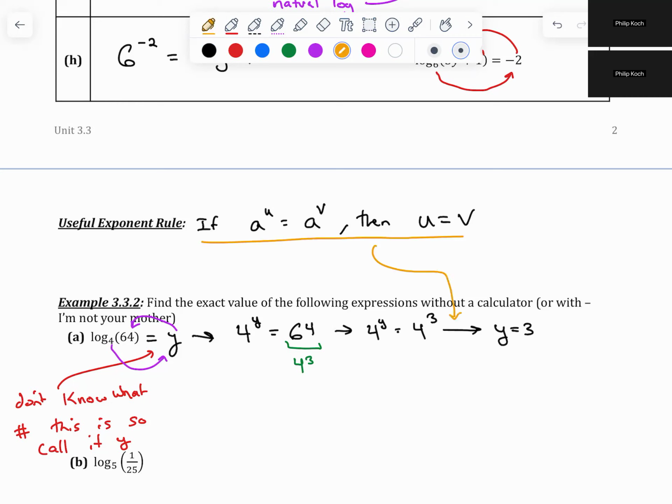From the above statement, if you have a to the u equals a to the v, in this case 4 to the y equals 4 to the 3, then the exponents are equal to each other. So y is equal to 3, and that is log base 4 of 64 is equal to 3.